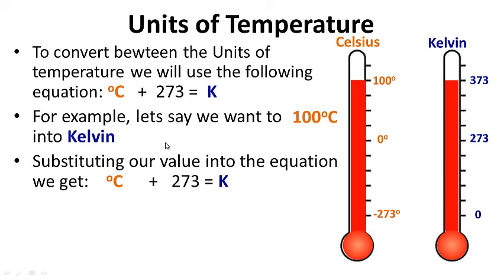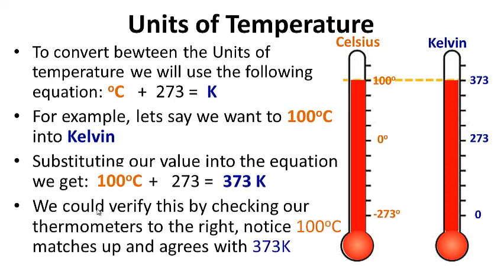Substituting our values into the equation, we get 100 degrees Celsius plus 273 equals 373 Kelvin. And notice we could verify this over here to the right by checking our thermometers. 100 degrees Celsius is equal to 373 Kelvin.